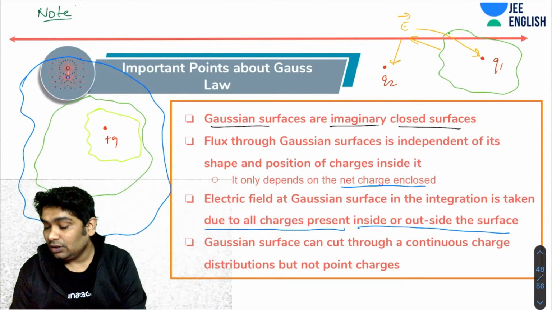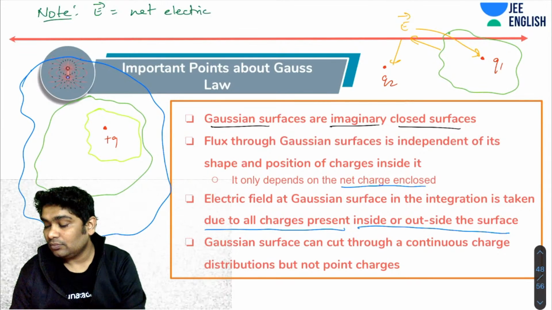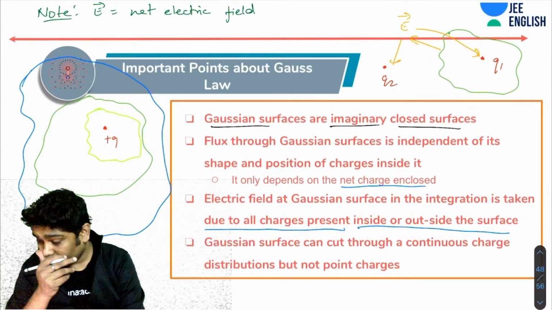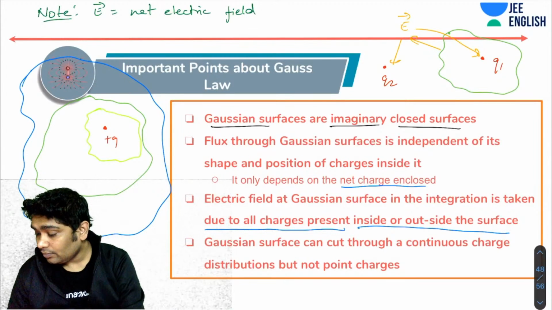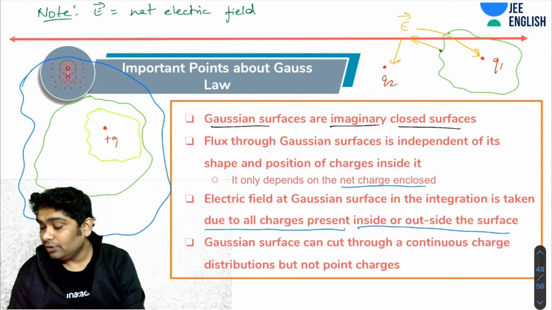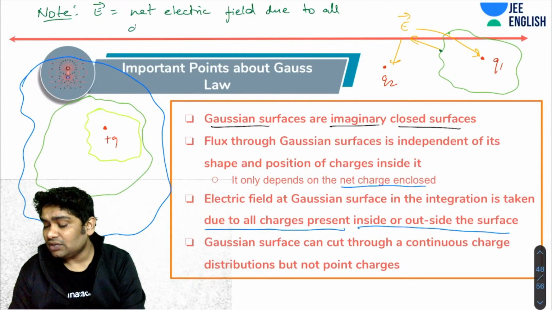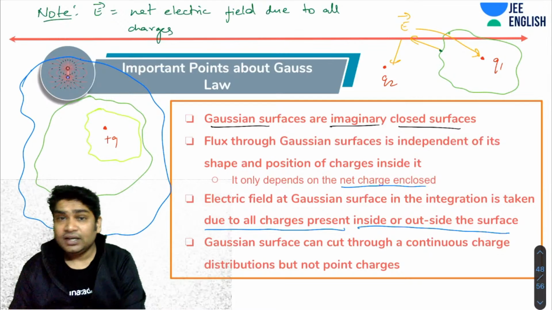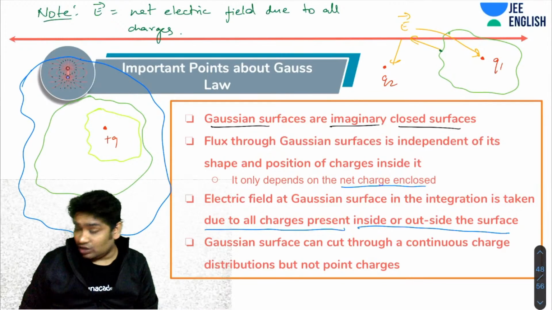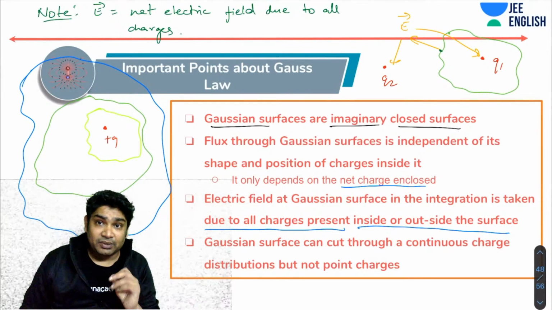Note, E was the net electric field due to all charges. Doesn't matter whether the charge is present inside the Gaussian surface or outside the Gaussian surface, as I have mentioned here. So please remember this.